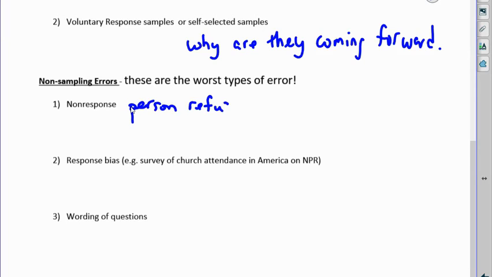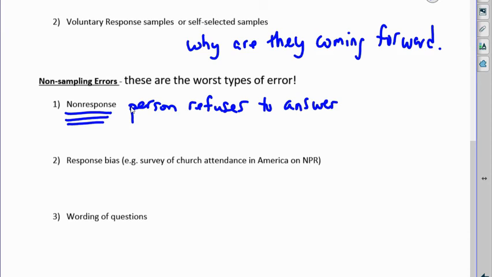It makes me think of the polls with Trump and Hillary Clinton. All the polls were saying that Hillary Clinton was going to win, but then in the end, she ended up losing in the Electoral College. But part of the surprise was because of the nonresponse.